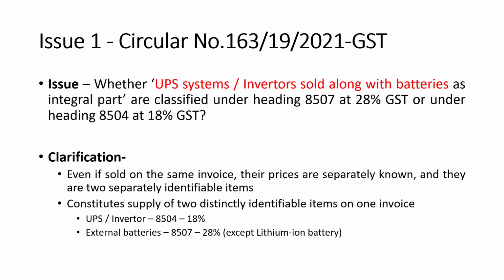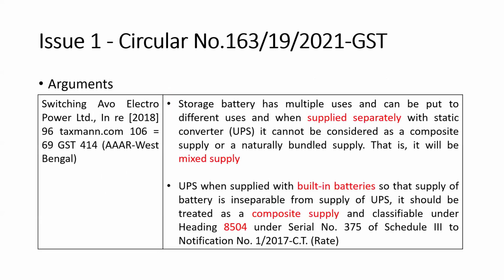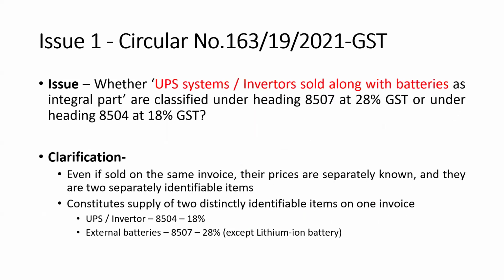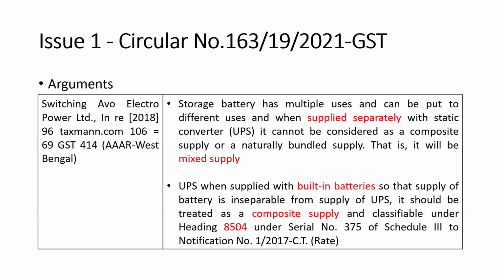Now, in connection with this issue, there was earlier an Advance Ruling Authority ruling in West Bengal, in the case of Electro Power Limited. It brought out a key difference other than the circular clarification. The circular does not distinguish between an internal battery and an external battery. It simply says that battery and inverter are two distinct items and will be charged at separate rates.